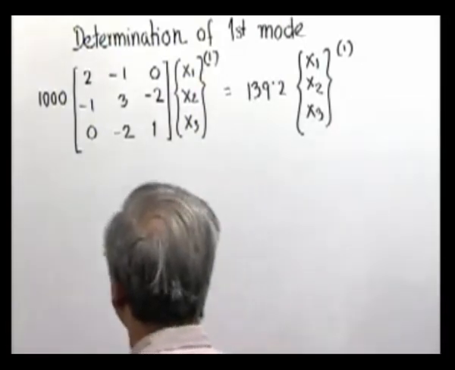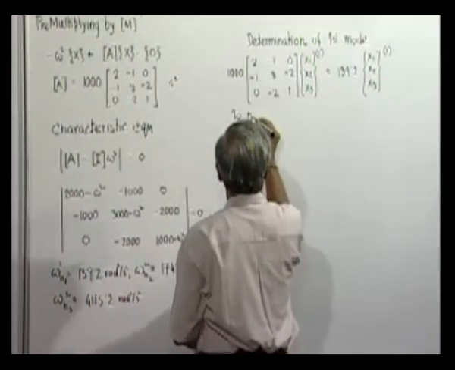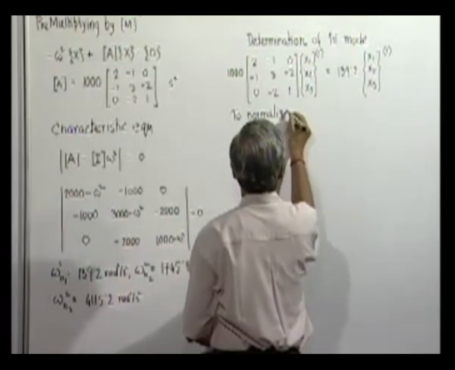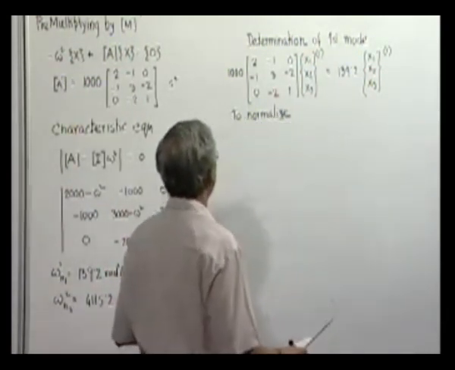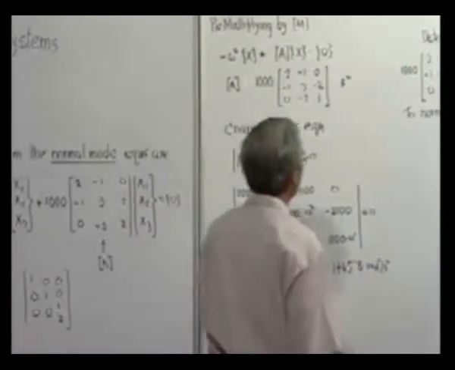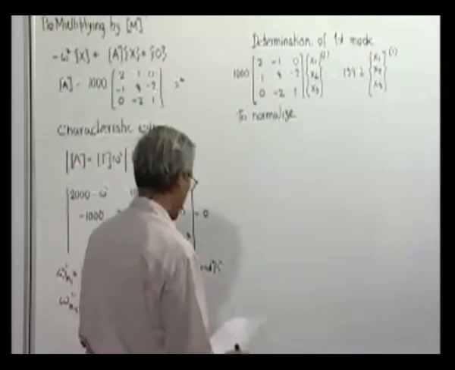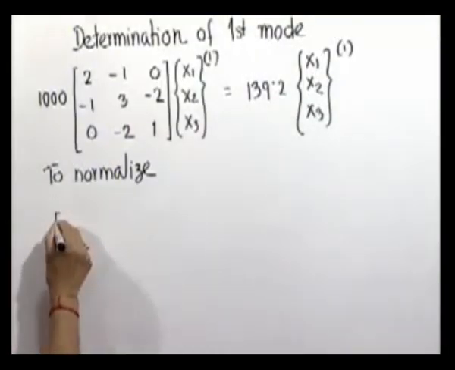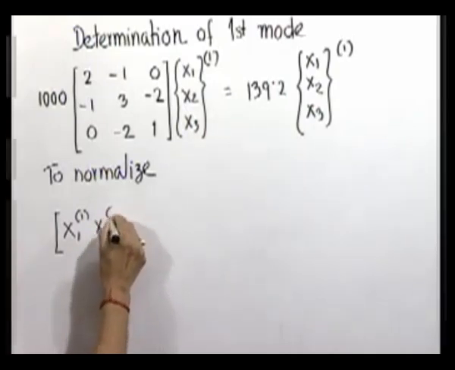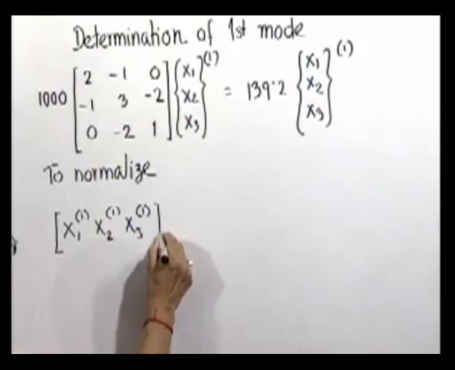Now we have to normalize this x1, x2, x3, otherwise it has no meaning. We normalize it using that condition. You remember that x transpose M x equals 1. So what we have done: x1 1, x2 1, x3 1, that is the transpose of x1.